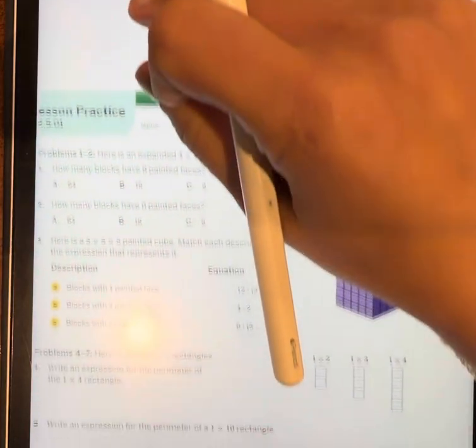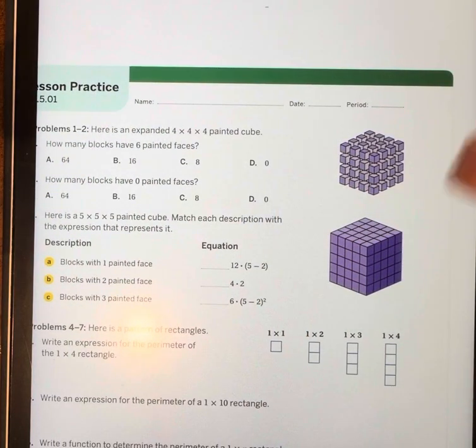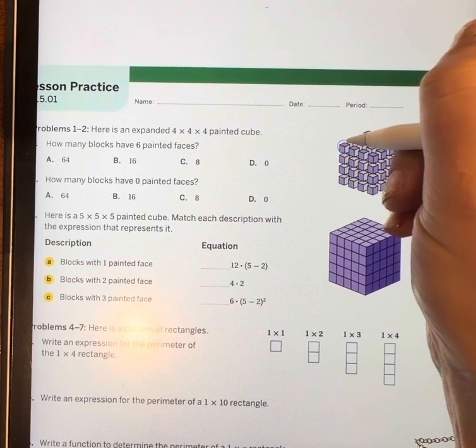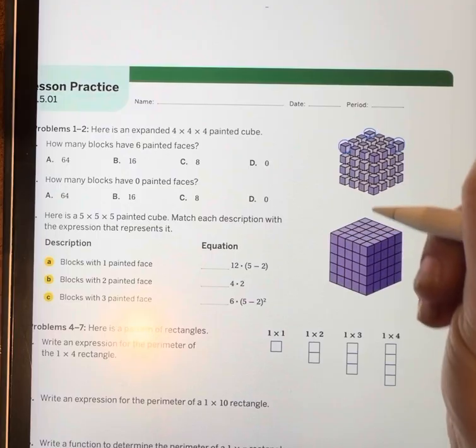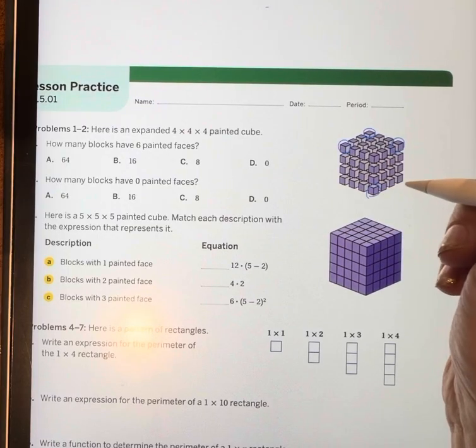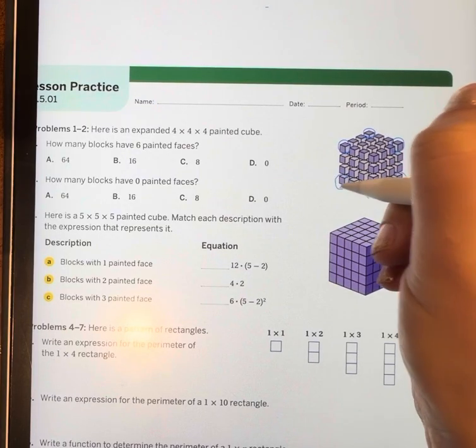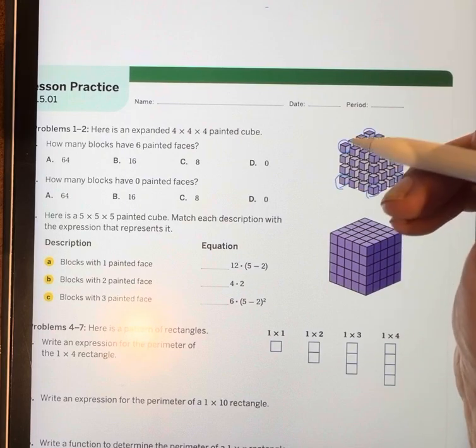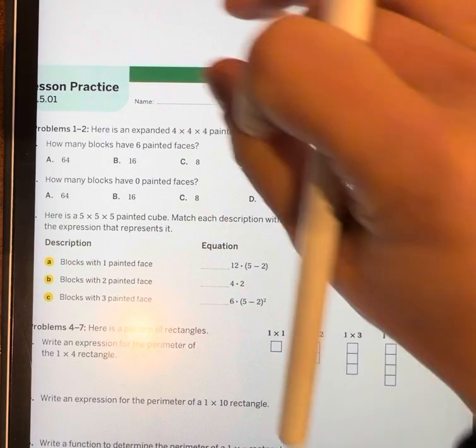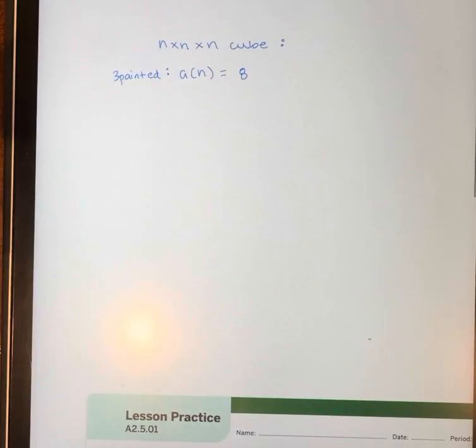Because I'll briefly try to remind you of why. For every single cube, the ones that would have 3 faces painted would be the 8 corner pieces. So 4 on the top and 4 on the bottom. So always 8. No matter how big the cube is, there would be 8 of those.